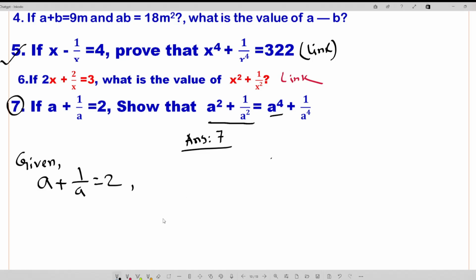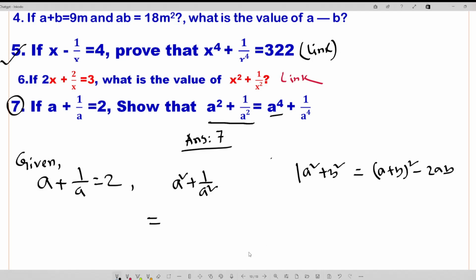So in this case, look, a square plus 1 by a square, we know the rule, which is a square plus b square equals a plus b whole square minus 2ab, right?